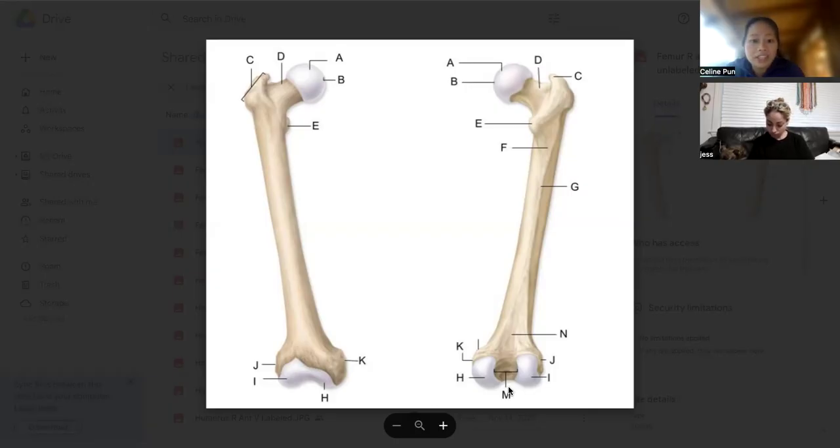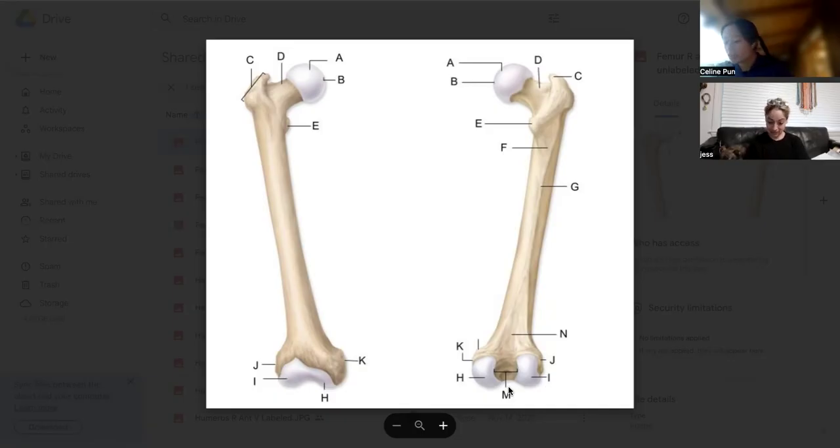And then we also didn't talk about N. Do you want to take a guess what N is? Where is N? Let's see. Anterior something. I don't know.